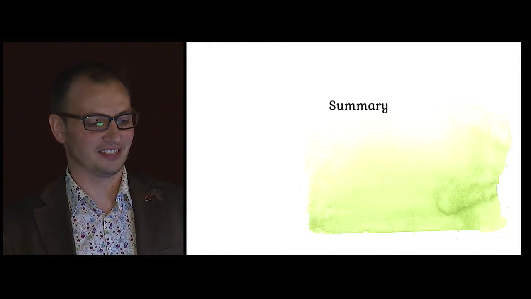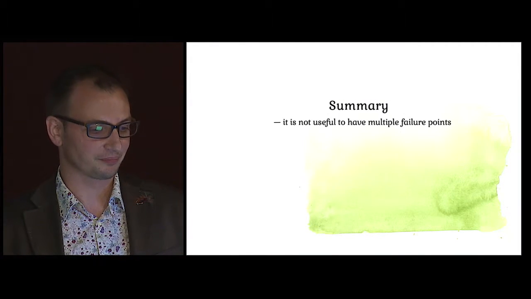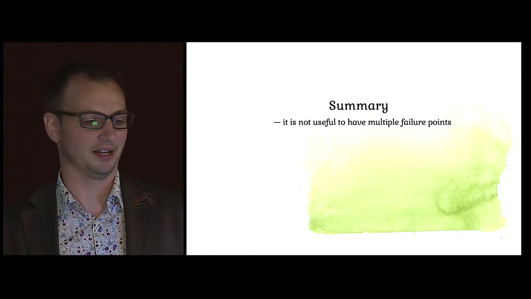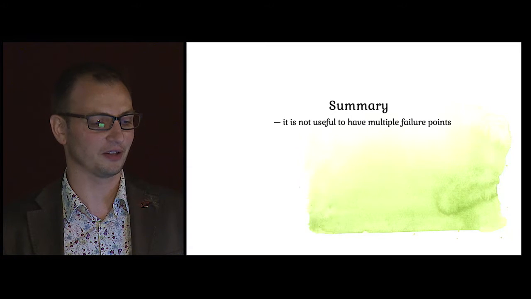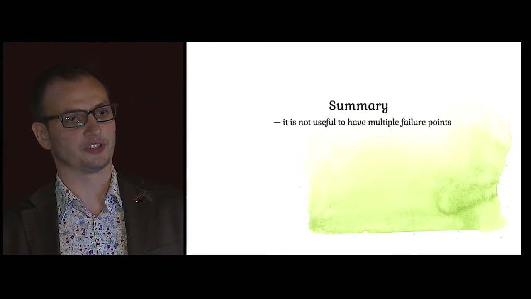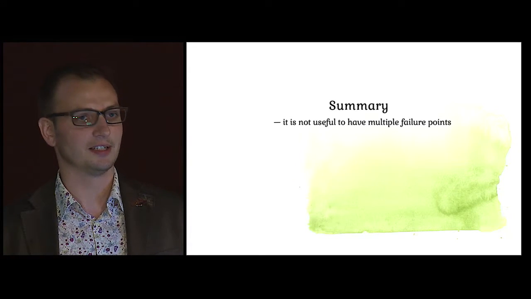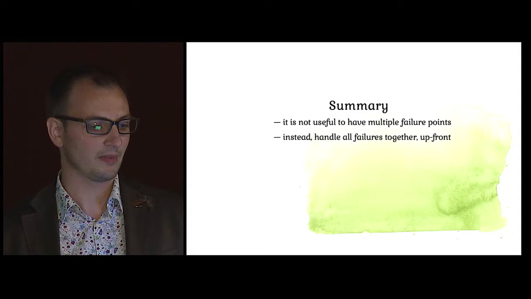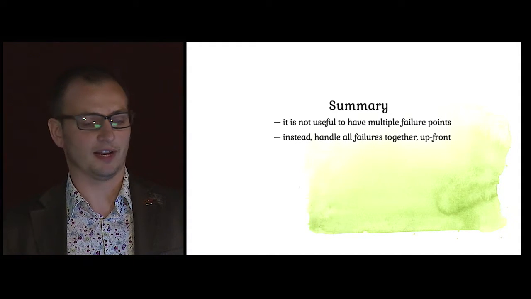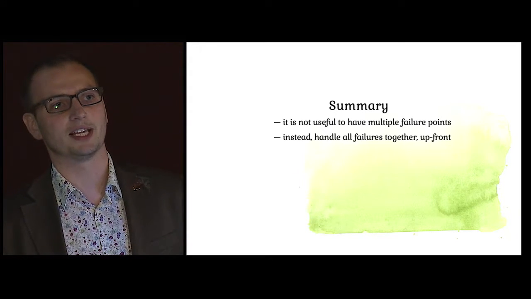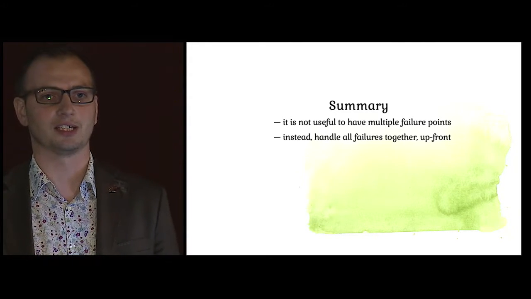So in summary, having multiple places where our code can fail is not useful. We want to minimize what I've called the surface area of failure to as small a point as we possibly can. Put all the failures together up front. We don't really care if we fail to parse the parameters.